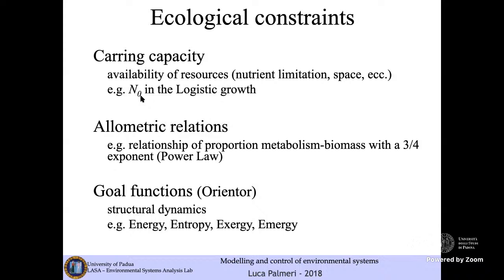The entropy goal function tells us that the entropy always increases due to the second principle of thermodynamics, while there are several other state functions like the exergy and the emergy that try to include, for example, the fact that there is energy dissipation during transformation processes.